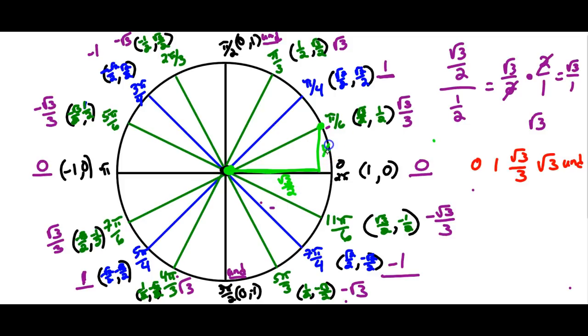What's the rise? The rise is 1/2. So what's the slope of this line right here? Well, the slope is rise over run: 1/2 over square root of 3 over 2. Divide that out, rationalize it, you should get the square root of 3 over 3. Oh, wait a minute, that looks familiar. That's the tangent.